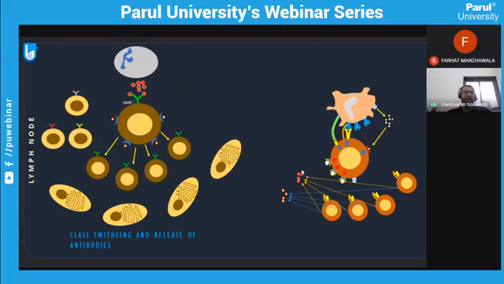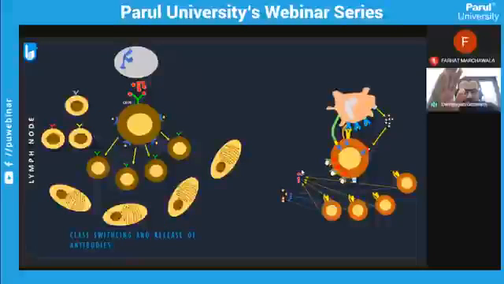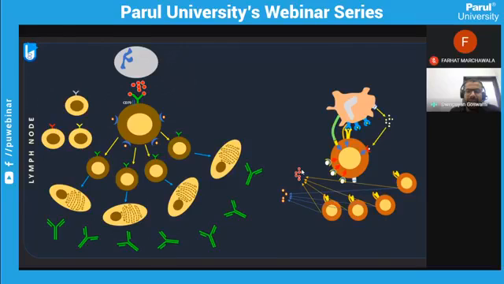Okay, now what is the difference between the plasma cell and the B cell? Simple. Plasma cell has antibody on the outside, whereas the B cell has very few antibodies.